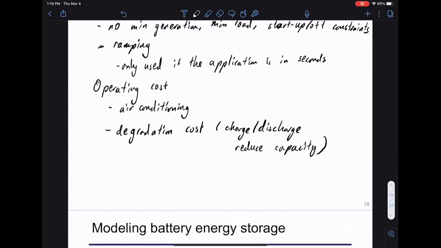And then we can think of the constraints. So constraints we have: there's a power rating. This is similar to ramping, and this is the power electronics control.